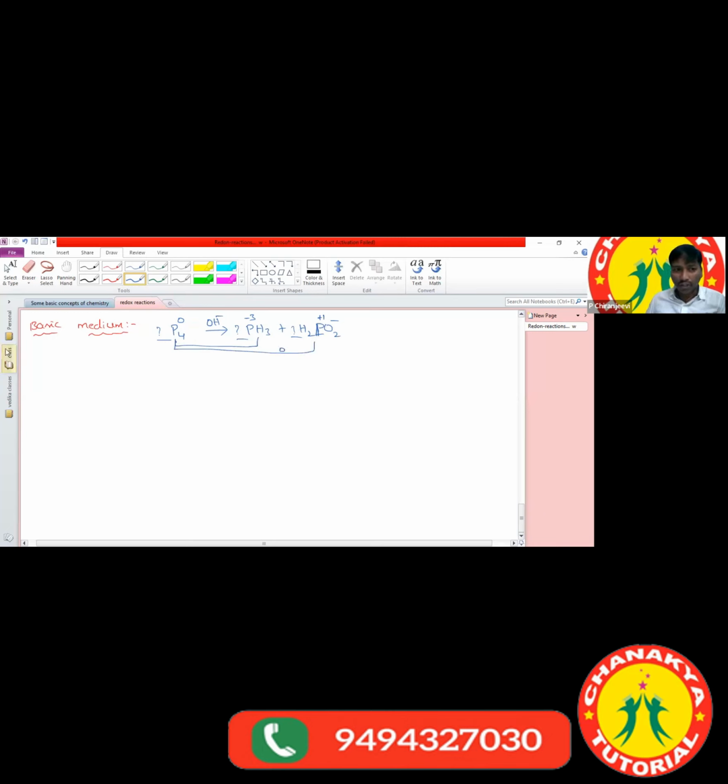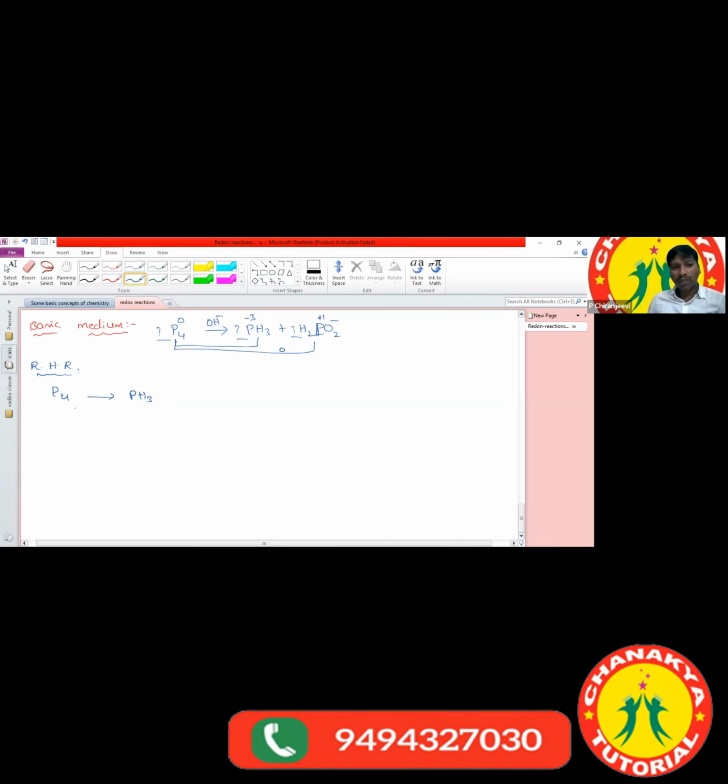After finding the oxidation numbers, I'm writing the half reactions. First of all, I'm taking the reduction half reaction: P4 is converted into PH3. What are the rules for the basic medium? Other than oxygen and hydrogen, what other elements do we have to balance?